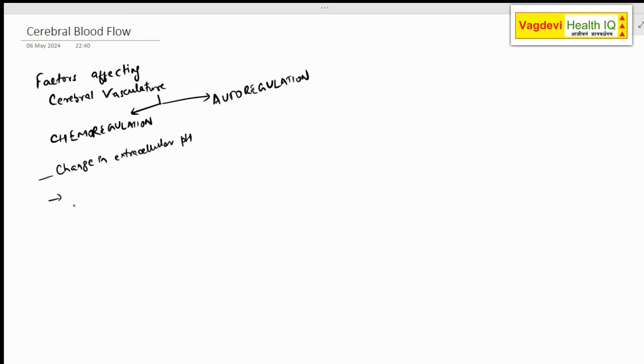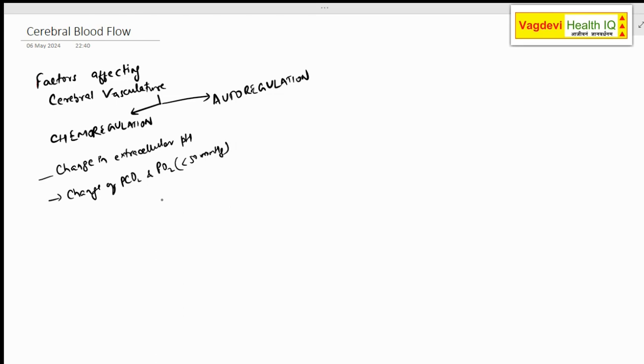Or any change of partial pressure of carbon dioxide and partial pressure of oxygen as well. But partial pressure of oxygen comes into the picture only when it's less than 50 mm of mercury, only then it will have a significant effect, otherwise no.